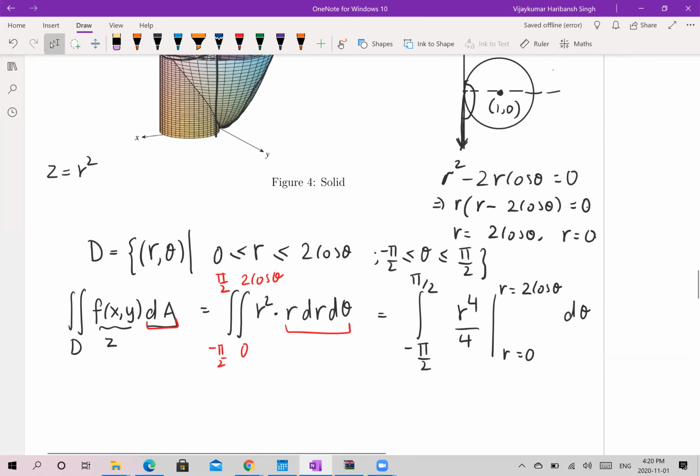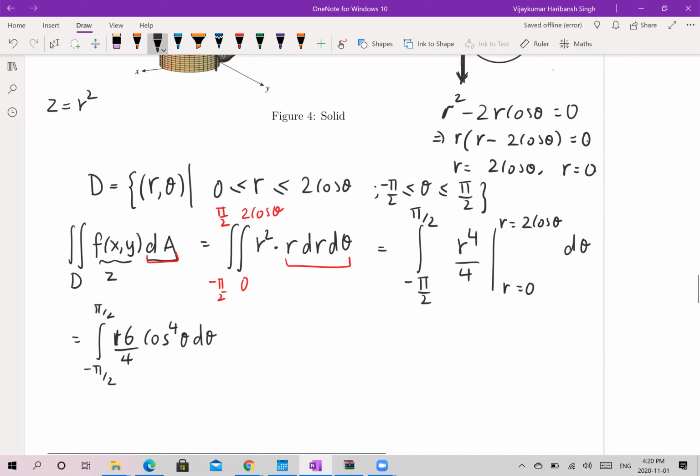Now 2 cos theta to the power 4 gives us 2 to the power 4, which is 16 by 4, cos to the power 4 theta d theta.